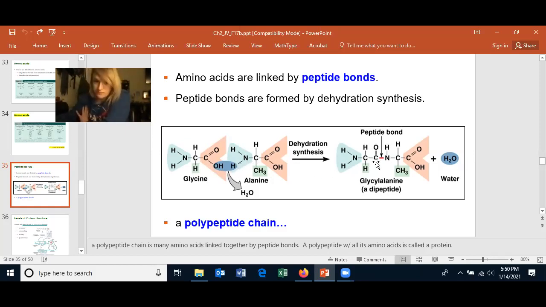And that happens in dehydration synthesis, making water.